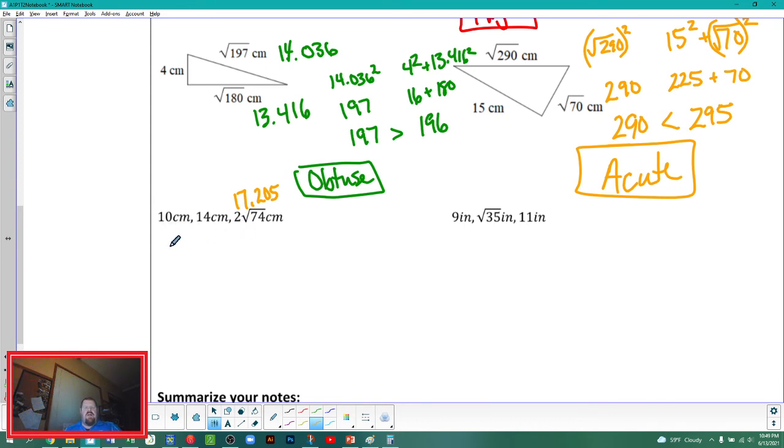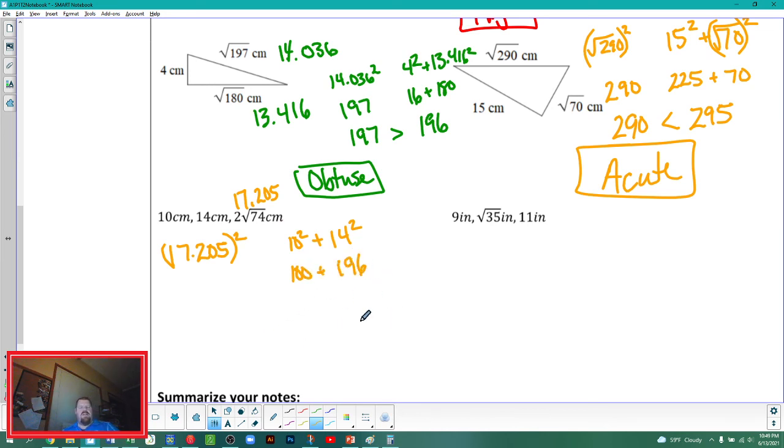So I want to check, I'm going to write it the same way I have been, 17.205, and I'm going to square that. And I want to compare that to 10 squared plus 14 squared. Well, let's work on this side first. 10 squared is 100. 14 squared, you can go ahead and check my work.